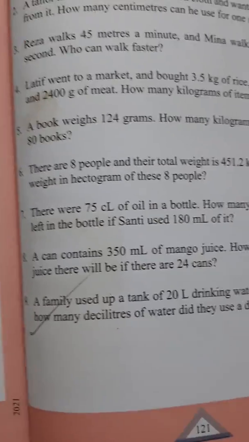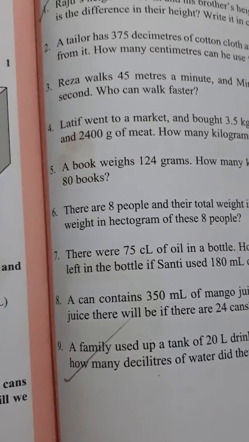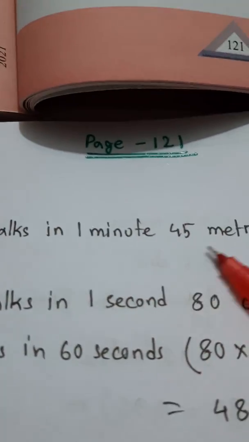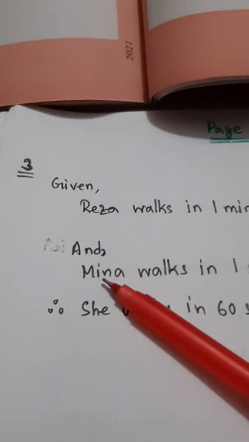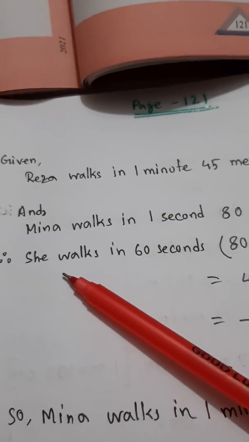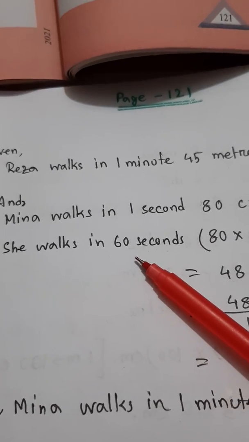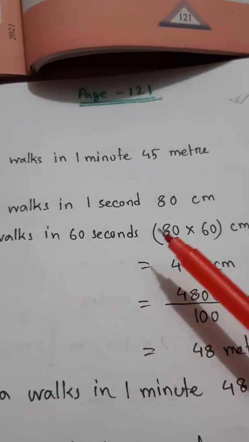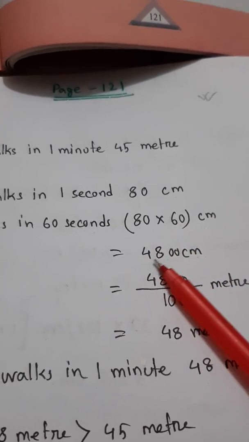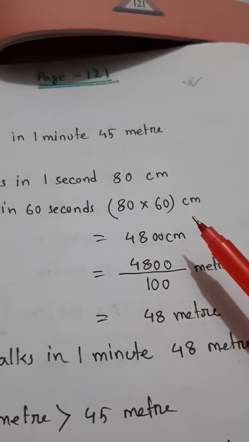Number 3. Reza walks 45 meters in a minute and Mina walks 80 centimeters in a second. Who is faster? Reza walks 45 meters in a minute. Mina walks 80 centimeters in a second, so in 60 seconds she walks 80 multiplied by 60, which is 4800 centimeters.